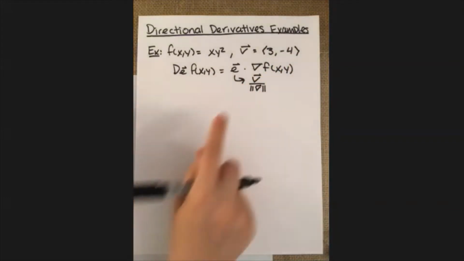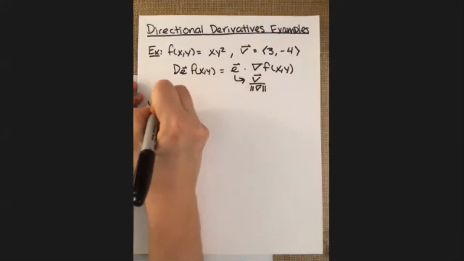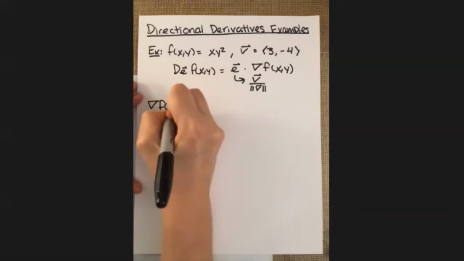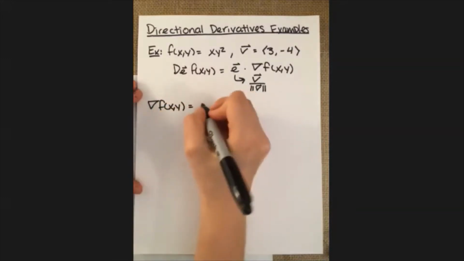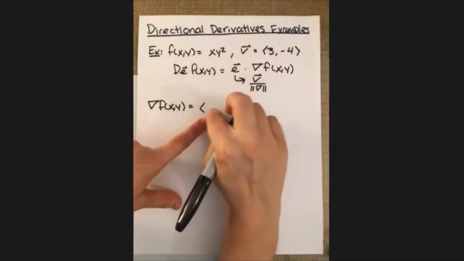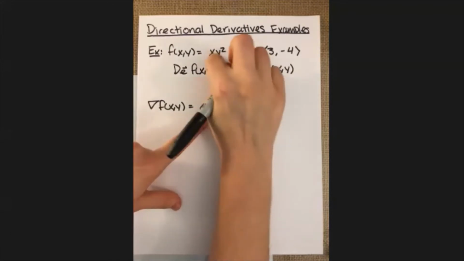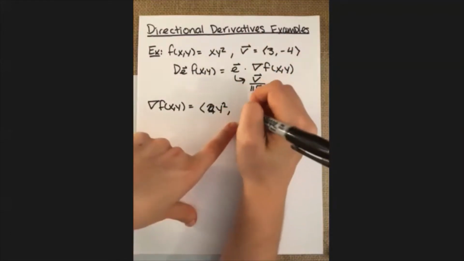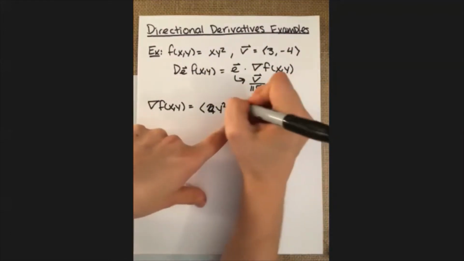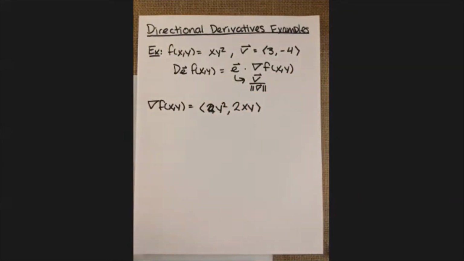So let's start putting the pieces together that we need in order to complete this equation. The gradient of f at (x, y) is going to be the partial with respect to x here. So we're going to have y squared, because that x is going to drop off, and then the partial with respect to y in the y component. So we're going to have 2xy there.